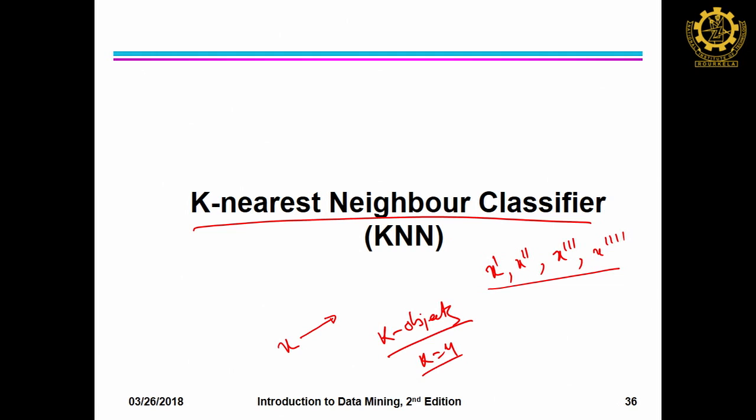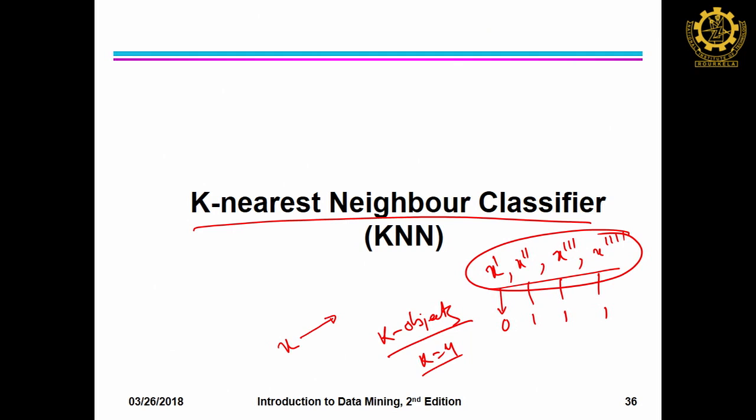Instead of taking the closest object, we take the k closest objects, and because you have the 4 objects here, each object will have a class label. This one is 0, this may be 1, this may be 0, this may be 1, or maybe this also may be 1. Among the k closest objects, you see which class the majority belongs to.